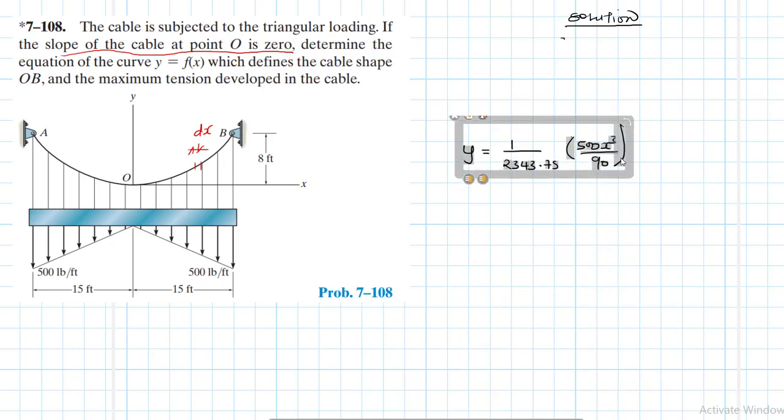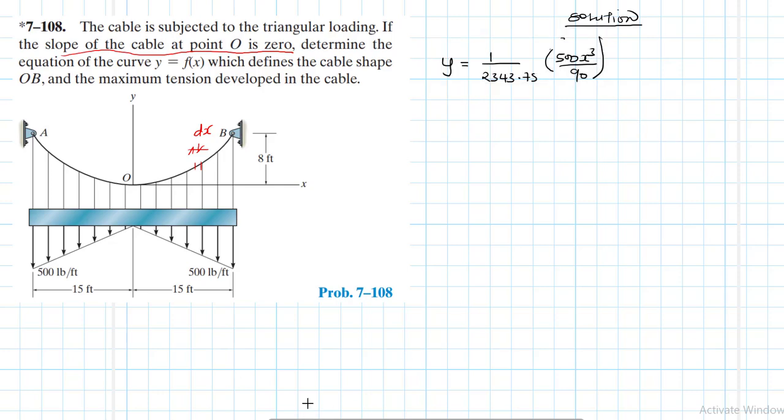If we simplify it further, then our y is going to be equal to 500 divided by 2343.75 times 90.